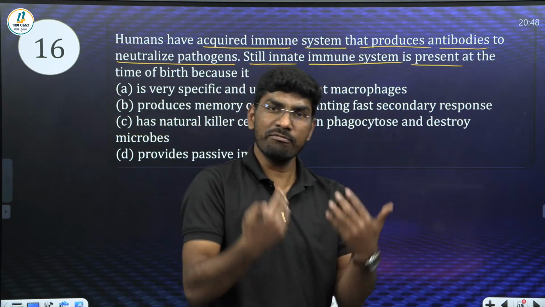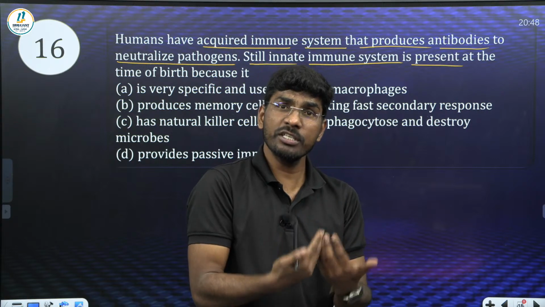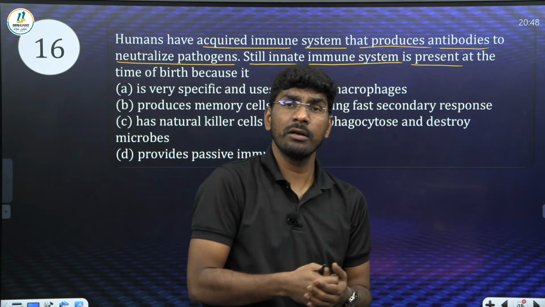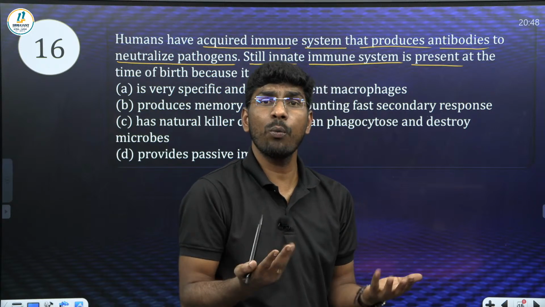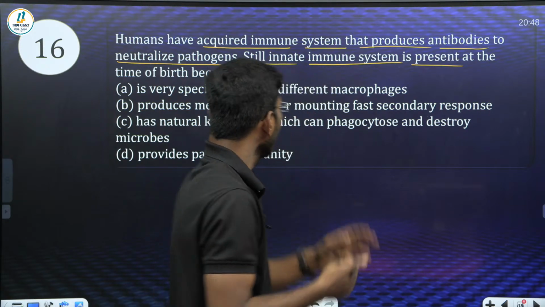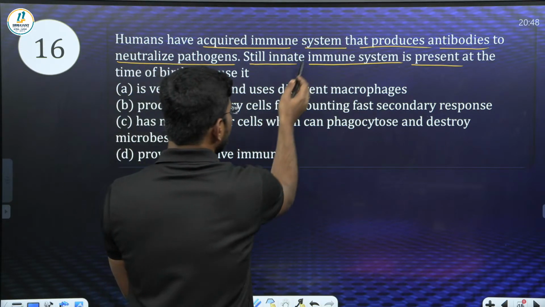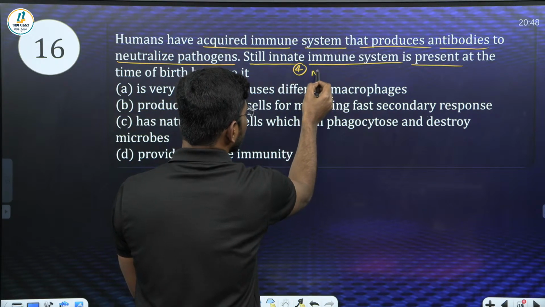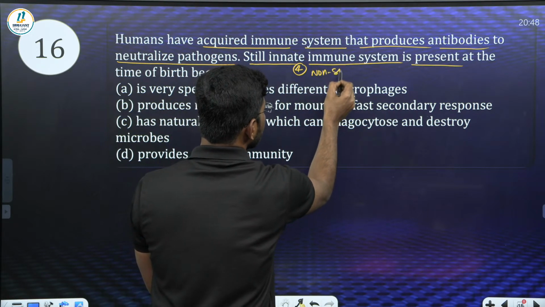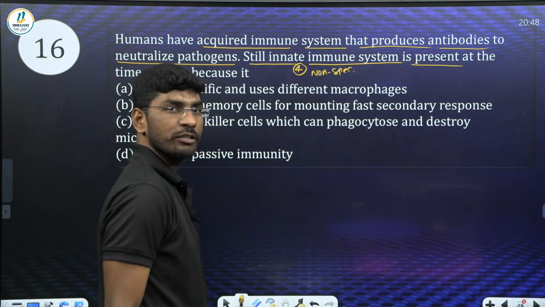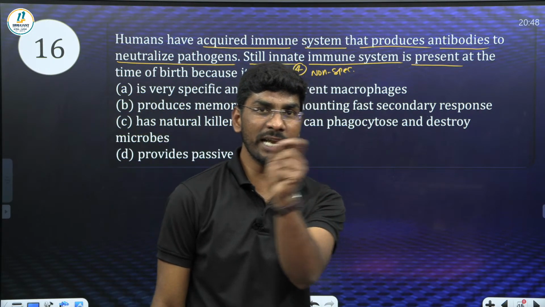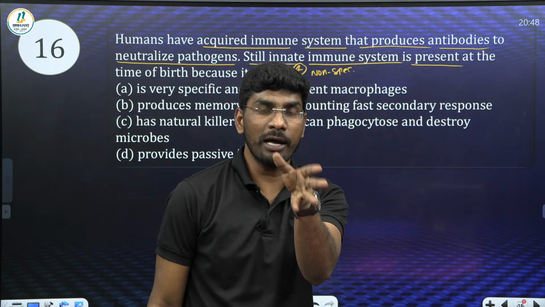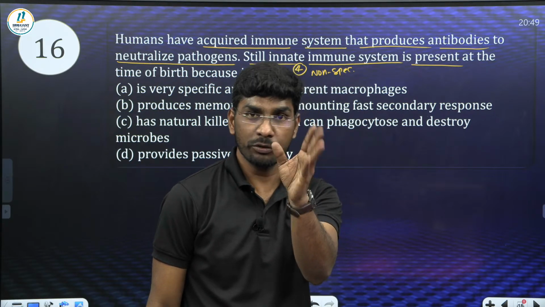Innate immune system we have, acquired immune system we have, but the innate immune system protects us from the beginning, right? Can any one of you tell me? If you recall, the innate immune system has 4 barriers, and moreover it is non-specific. It will kill. It is not antigen or antibody specific. It is not like I am specific to this particular antibody or antigen. You got my point.